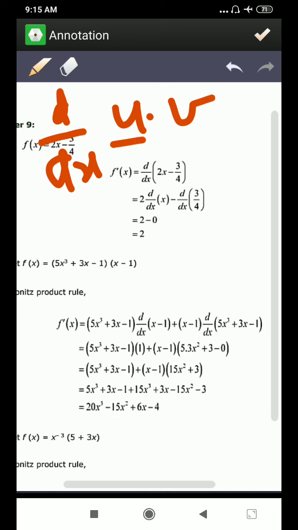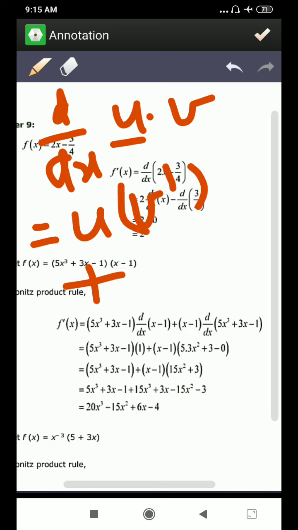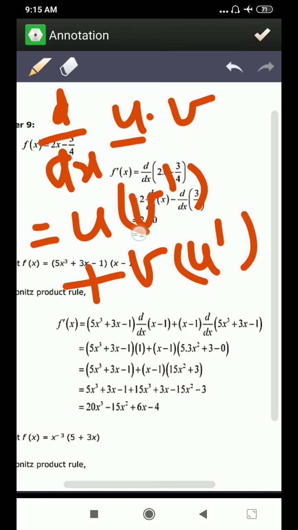You keep u as it is and differentiate v, plus sign, now keep v as it is and differentiate u. That's all. A product of two functions is given, we will keep one as it is and differentiate the second one, and then keep the second as it is and differentiate the first one. The same formula I will apply in this question also.